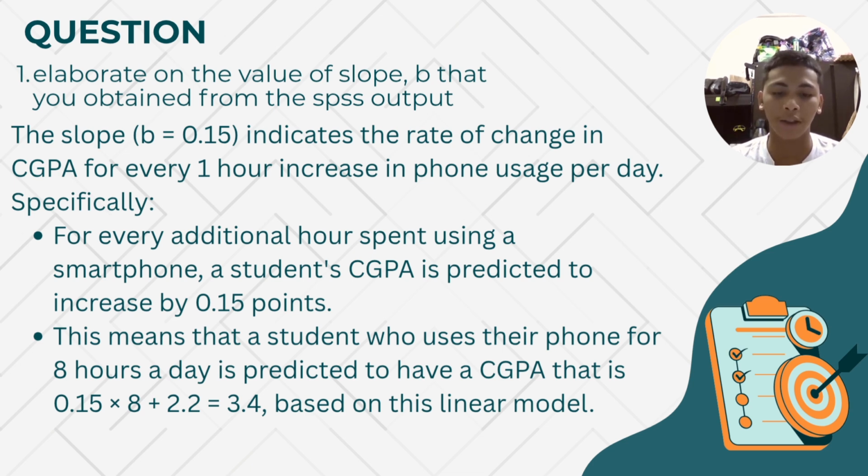Specifically, for each additional hour spent on the phone, a student's CGPA is predicted to increase by 0.15 points. For example, if a student uses their phone for 8 hours a day, their predicted CGPA would be 0.15 multiplied by 8 plus 2.2, equal to 3.4, based on the linear model.